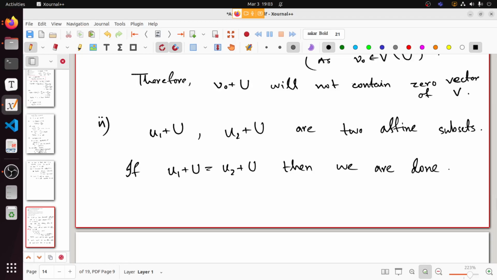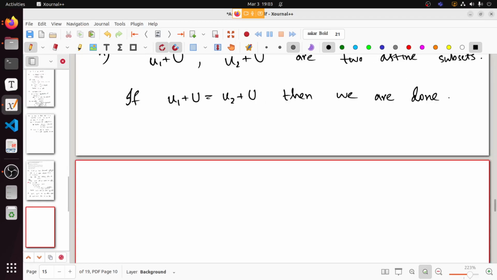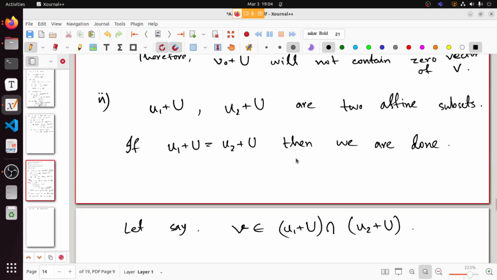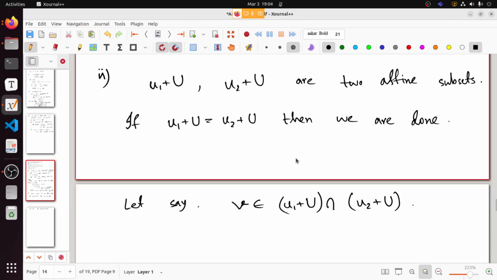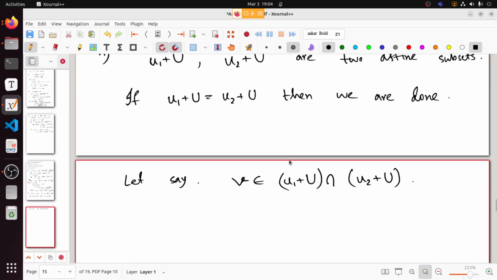If they are not the same, assume that there is a non-trivial intersection. Say some v belongs to their intersection, u1 plus U intersection u2 plus U. Then you have to show that they will be the same.